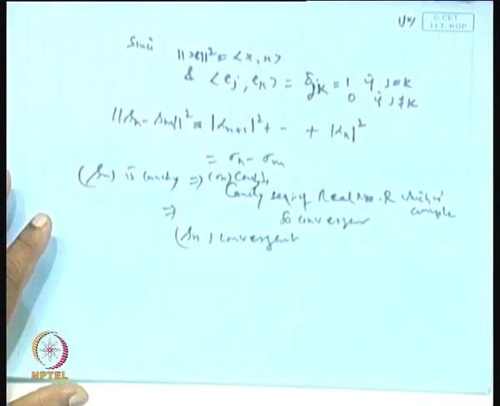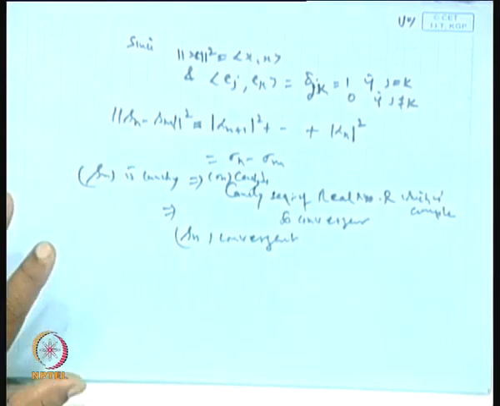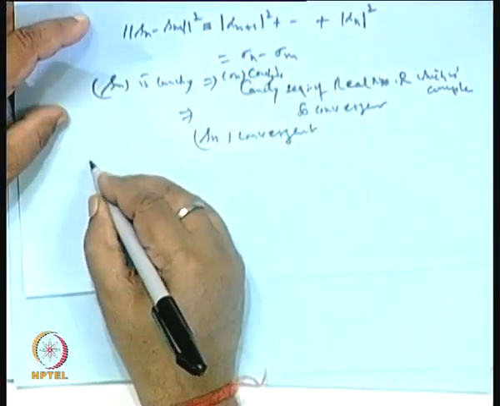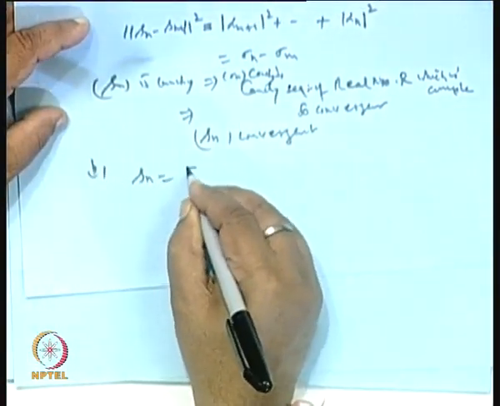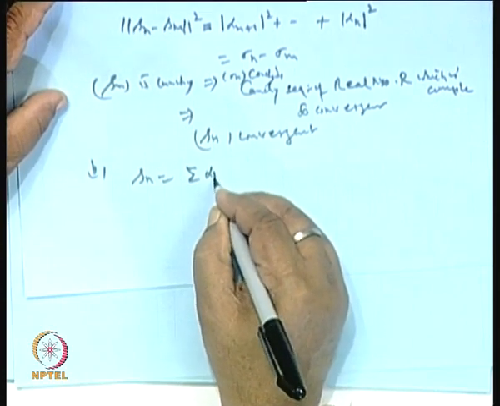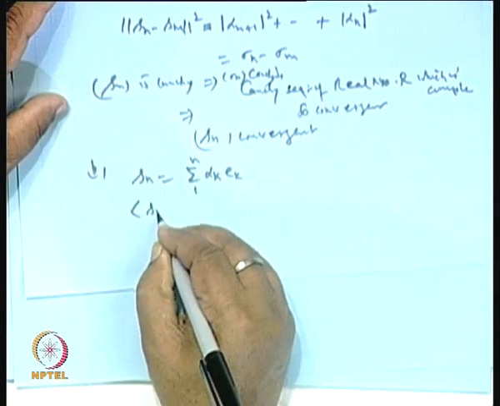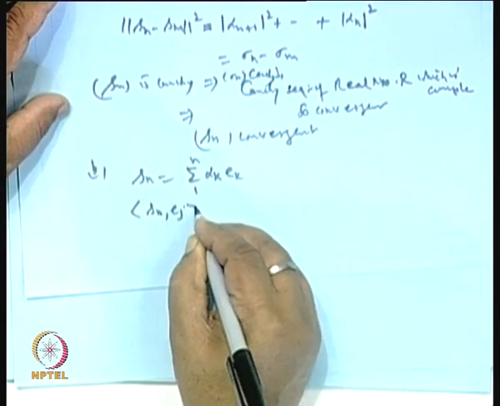Okay. Nothing more to prove. Now, for the second part, what you have to do is just use orthonormality. Part B: S_n is sigma alpha_k e_k, k from 1 to n. So, if I take the inner product of S_n with e_j, what will it be?